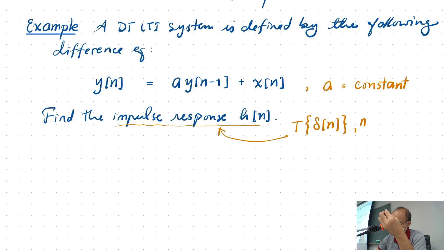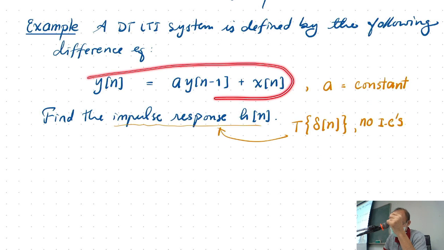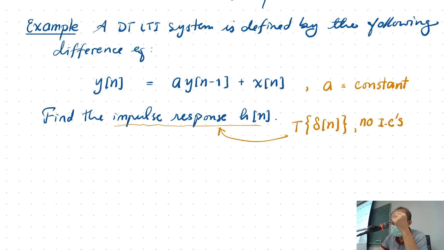So no initial conditions. You must not have initial conditions when you want to find the impulse response. So with this in mind, let's write down the output value at time zero. No initial conditions, what does it mean? No IC.